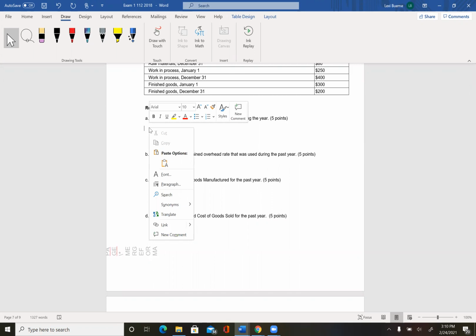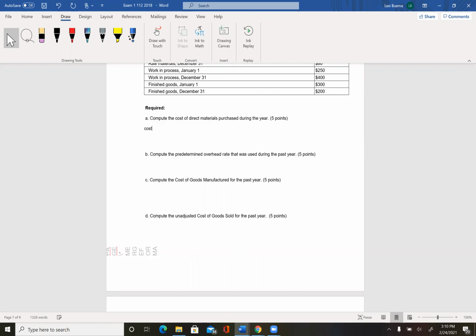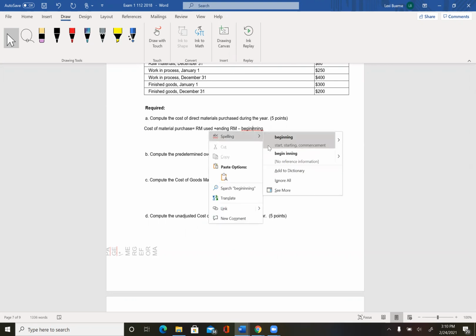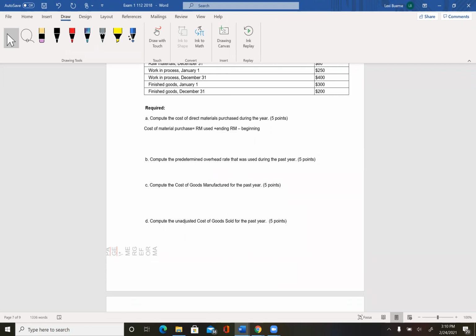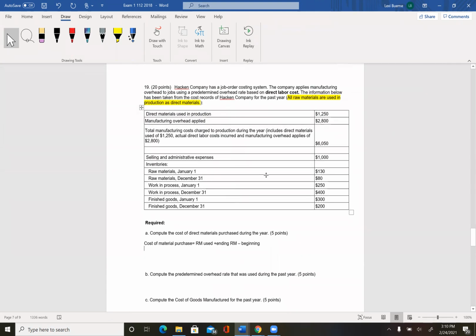So to start this, for the cost of material purchases, the formula is going to be raw materials used plus ending raw materials minus the beginning. Sorry, I'm really bad at spelling. So if you look up at this chart, the direct materials used is going to be $12.50.